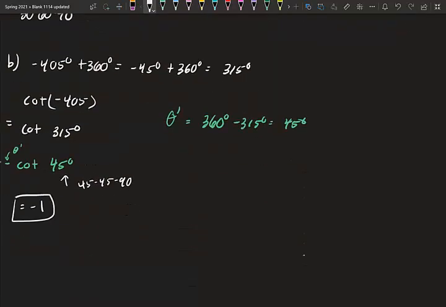If we used our triangles, we could just draw our triangle. So we're in quadrant 4. We have our coterminal angle of 315 degrees, and then our reference angle of 45 degrees. So we finish off our triangle. Remember, it's always 1, 1, and square root of 2.